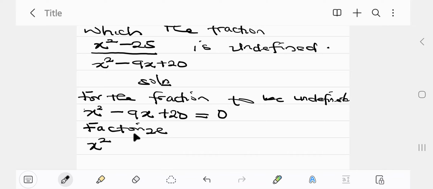There are two numbers whose addition is supposed to give us 9x, while the product of the two numbers is expected to give us 20. So these two numbers are minus 4x minus 5x plus 20 is equal to 0.